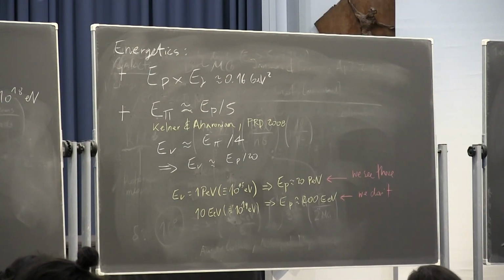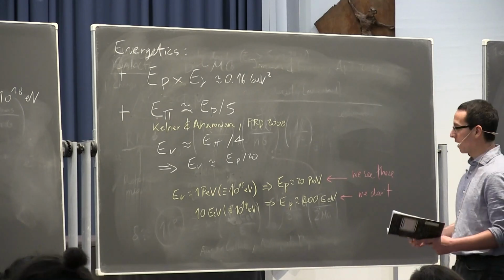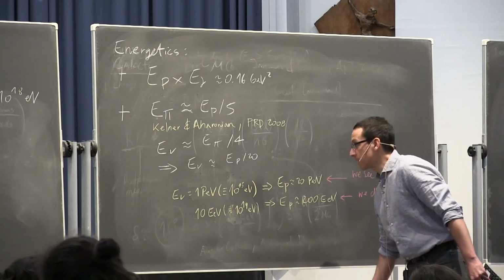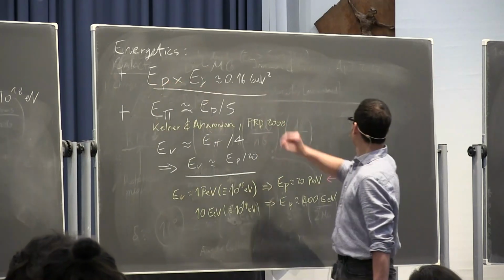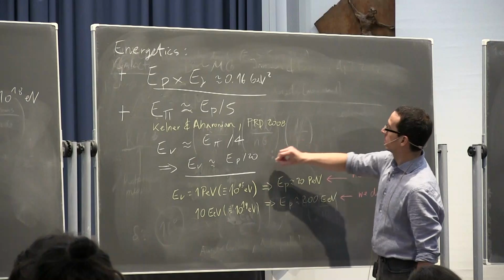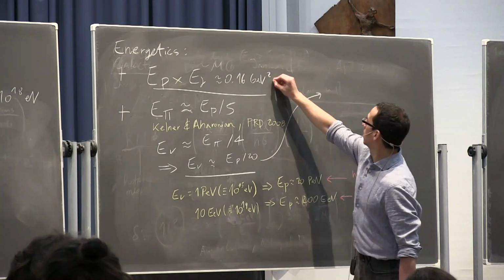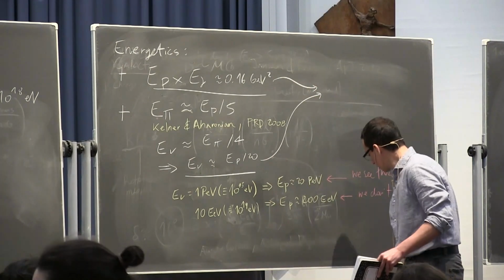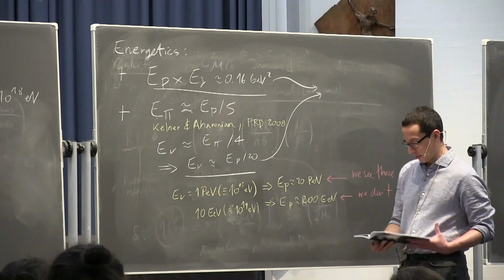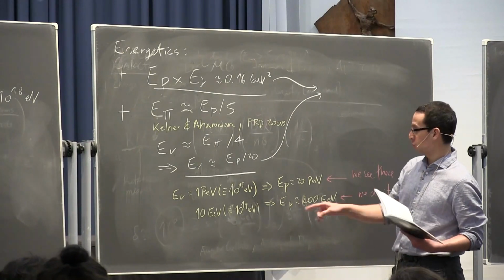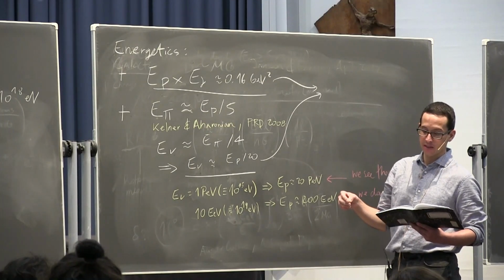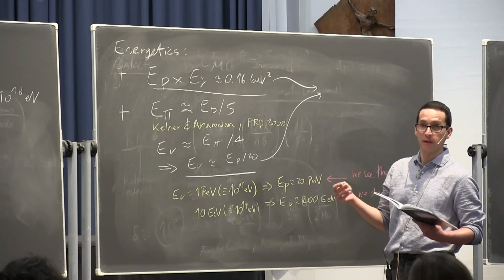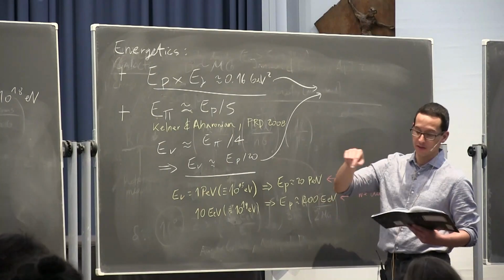More about that tomorrow. Okay, so as I was saying, we have two conditions, 1, 2, and we can put them together to find a relation between the neutrino energy that gets produced and the energy of the photon spectrum with which the protons are interacting.